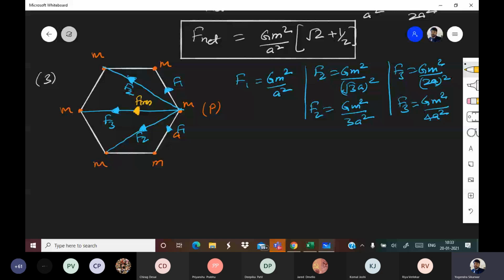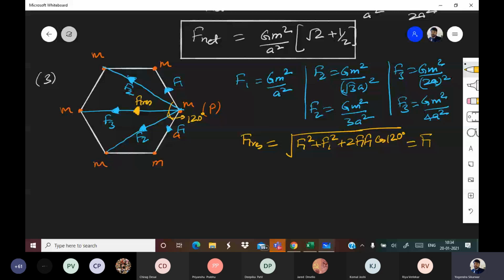F1 resultant will be under the root of F1 square plus F1 square plus 2 F1 square cos 120, because this angle was 120. So that comes out to be F1 only. Now let us talk about F2 resultant.